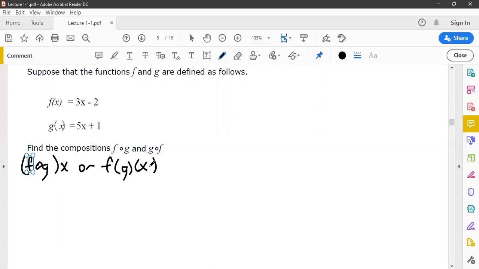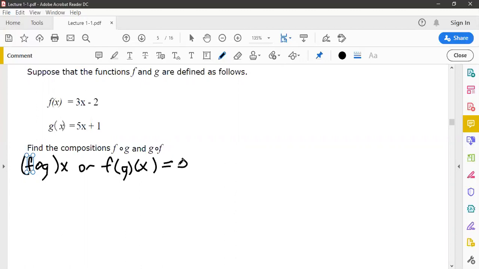So how do we find the compositions of functions? We always work from right to left. In this case, since the g function comes second and is furthest right, we take the g function, 5x plus 1, and substitute it for the x in the f function.